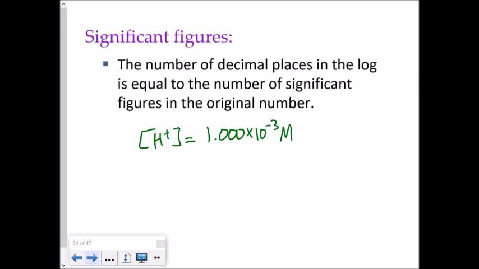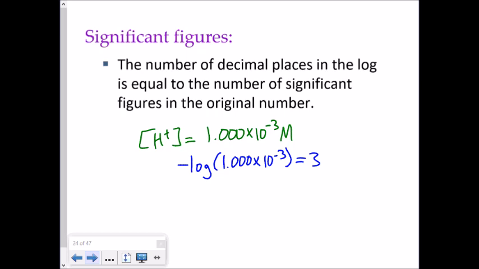Okay, go ahead, do the negative log of that. And what is our pH? That one is 3, although it's not just 3. Okay?